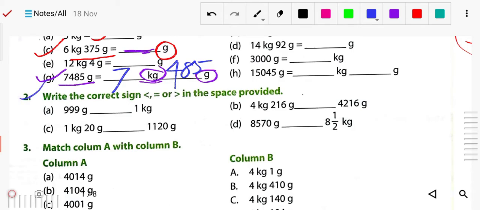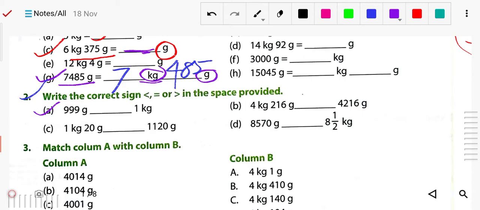Now number 2, write the correct sign like less than, equal to and greater than in the space provided. So here you can see number 1, 999 gram equals to 1 kg. Okay, so is it they are equal or not? So how you will know?